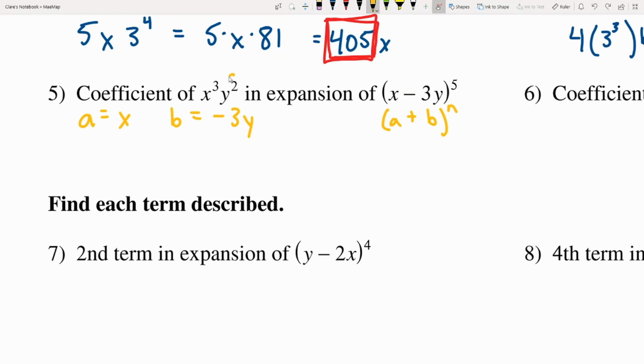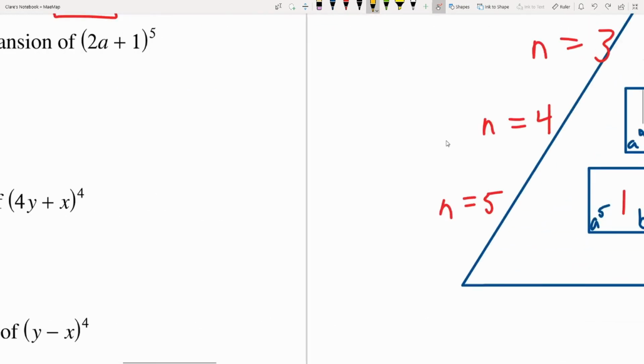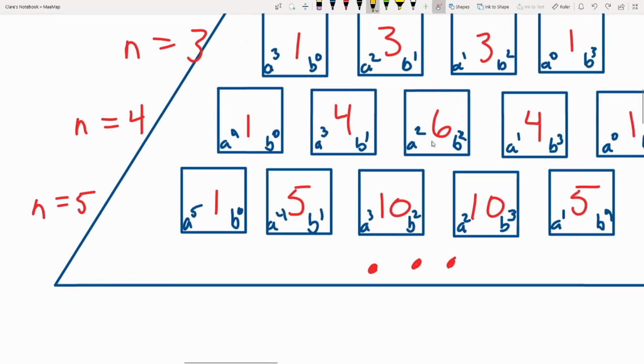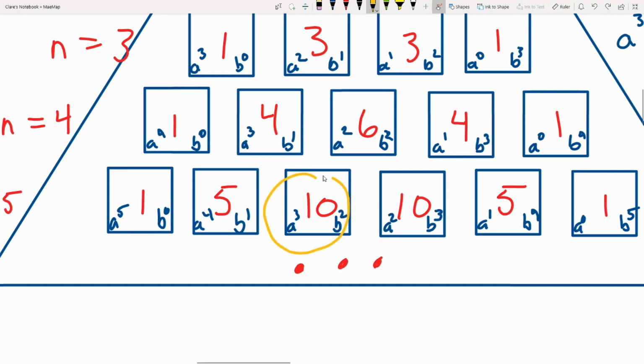So I just need to see when y is squared, so this is when b is squared and a is cubed. So a cubed b squared is what I'm looking for with a degree of 5. Going to my triangle, when n is equal to 5, I'm looking for a cubed b squared, which is 10a cubed b squared.